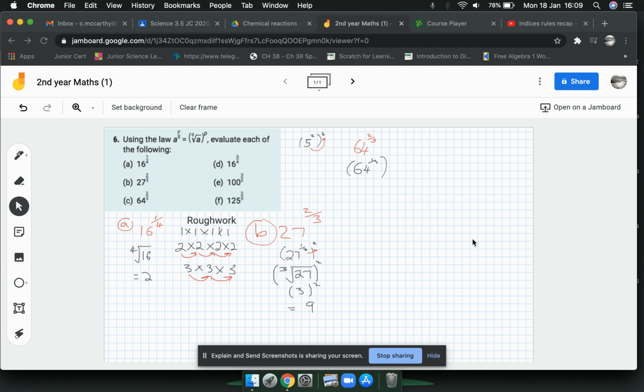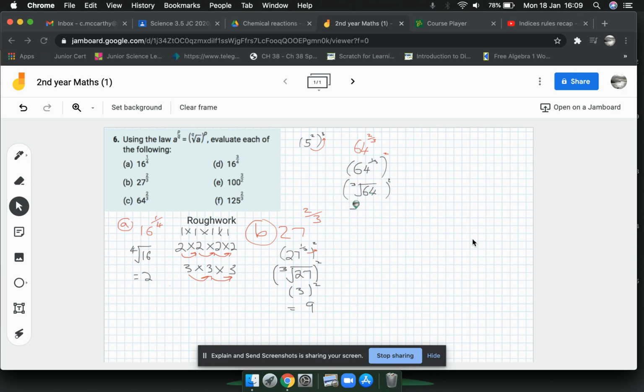So the only way to do that is to put this 2 on the outside, because a third to the power of 2, in other words 2 by 1, which is 2, gives 2 over 3. So 64 to the power of 2/3. I'm then going to try to solve this further down. So we have the cube root of 64, and that's going to be to the power of 2.